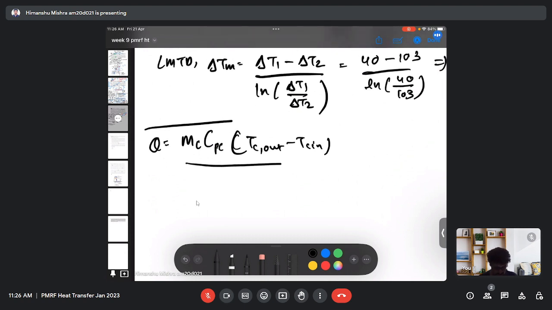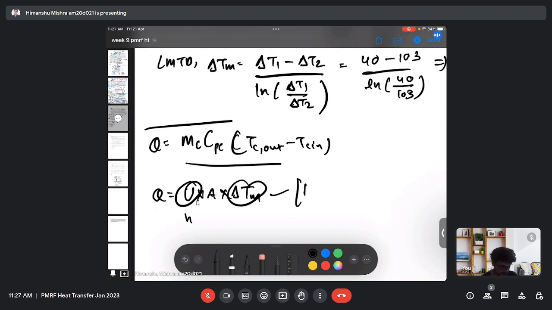We can also define heat transfer specifically for the heat exchanger as overall heat transfer coefficient U times A, multiplied by my log mean temperature difference. This relation is similar to Newton's law of cooling. Instead of using h for the heat transfer coefficient, we are using the overall heat transfer coefficient U, and instead of using temperature difference, we are using the log mean temperature difference.